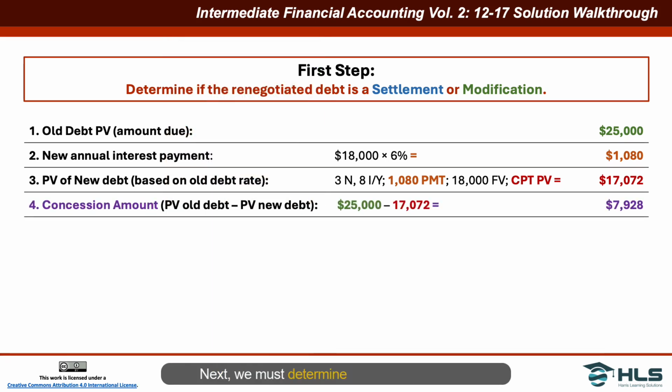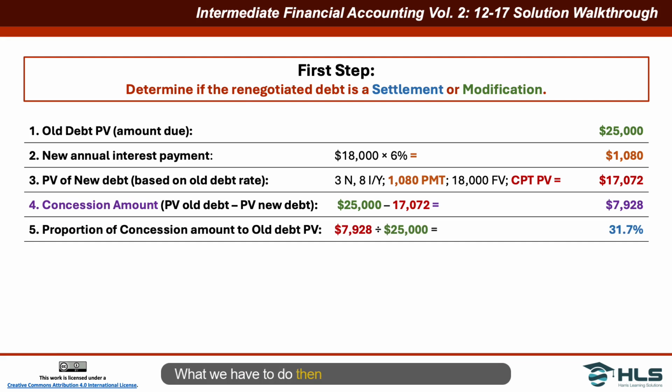Next, we must determine something called the concession amount, which is simply the difference between the present value of the old debt and the new debt. So if the old debt was $25,000 and the new debt present value is $17,072, the concession amount is $7,928. What we have to do then is determine the proportion of the concession amount to the old debt present value.